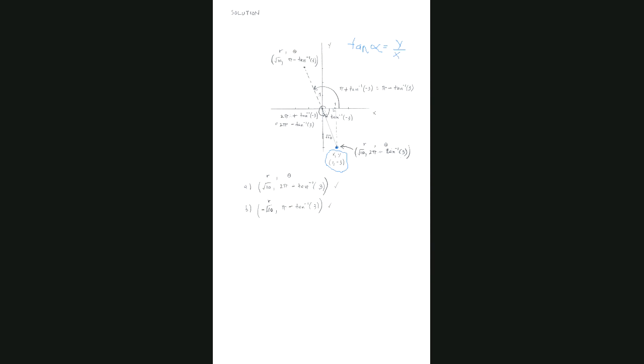Therefore, alpha is the arctangent of y over x. And in this case, y is -3 and x is 1.